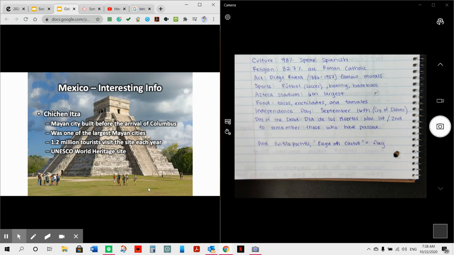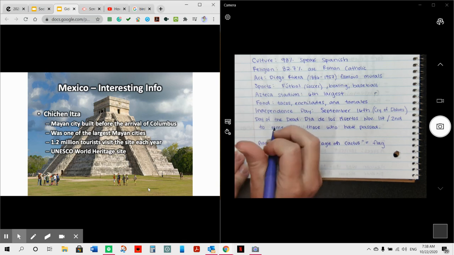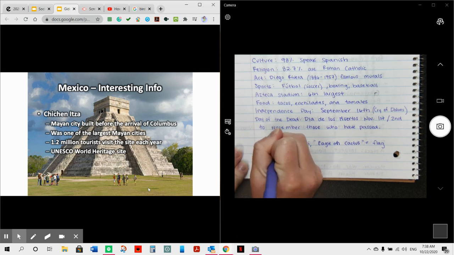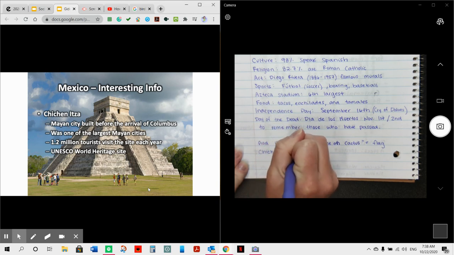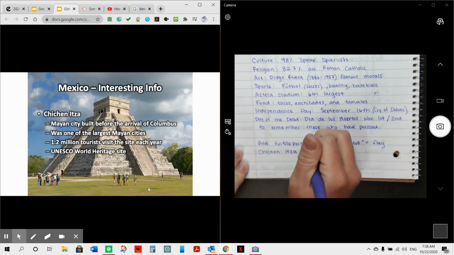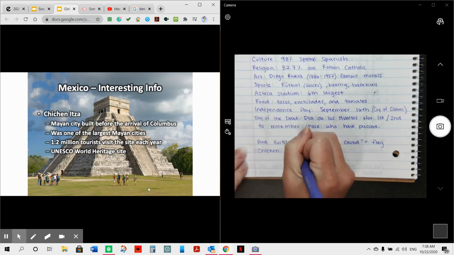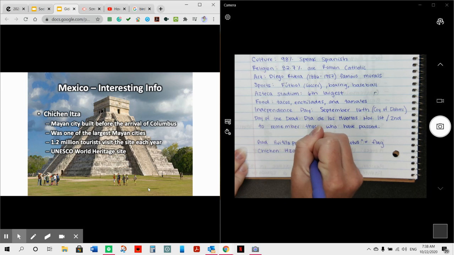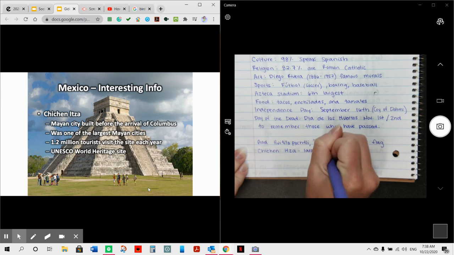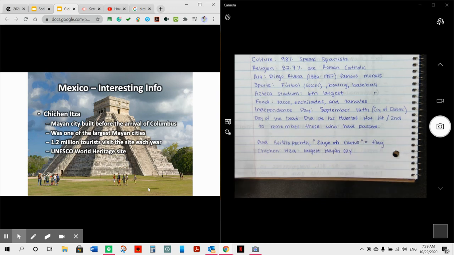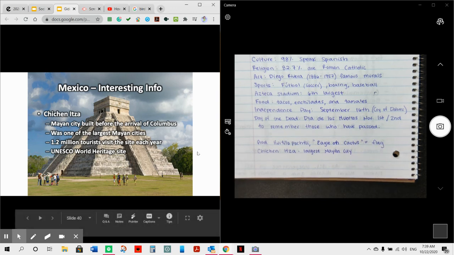On our notes, we are going to write Chichen Itza. And then largest Mayan city. It gets a lot of people each year. That's awesome.